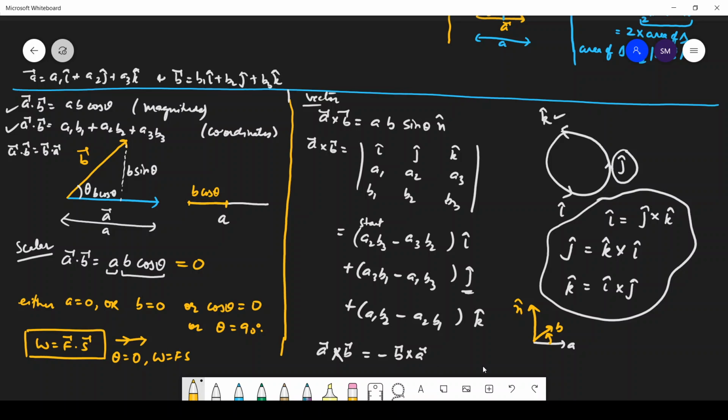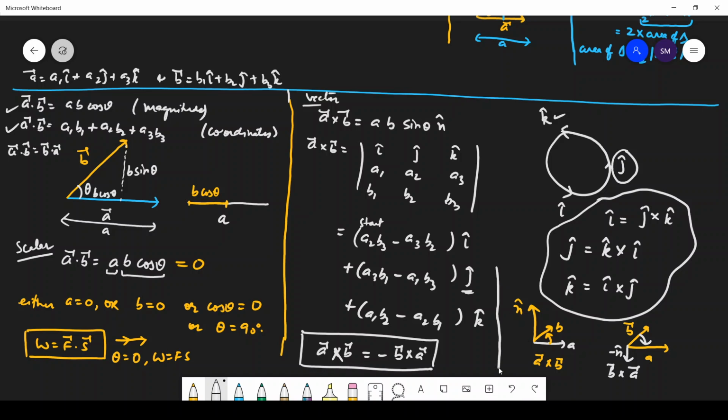Now B cross A, so this was A cross B. Now B cross A means you are putting your fingers on B and moving them towards A, so your thumb will point downwards. So that's the negative n cap direction. So this is positive n cap, this is negative n cap, and that is why we have this.